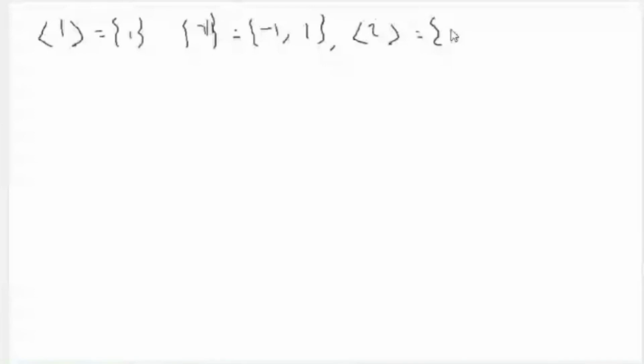Similarly, 1, minus 1 and K, minus K; 1, minus 1 and J, minus J. Now all the 8 elements we have considered. If we choose minus I, what do we get? Minus I square is again minus 1, minus I cube is plus I, and minus I raised to 4 is 1.